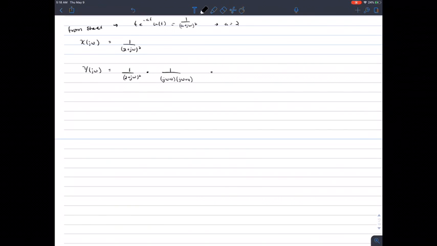So first of all, this is going to be equal to 1 over (jω + 2) cubed times (jω + 4). Alright? So let me write this out for you. A over jω + 2, plus B over (jω + 2) squared, plus C over (jω + 2) cubed, plus D over jω + 4.